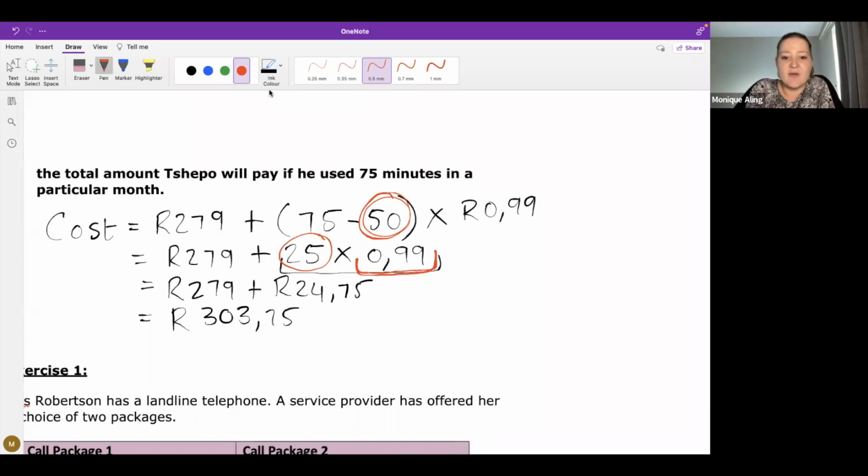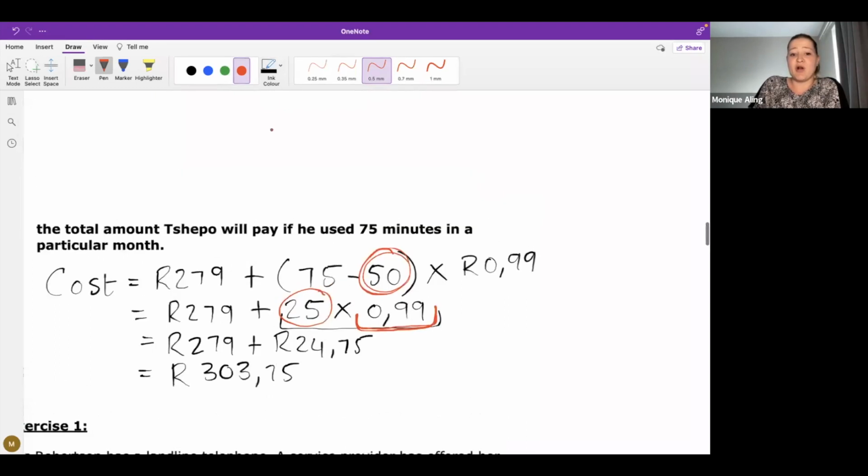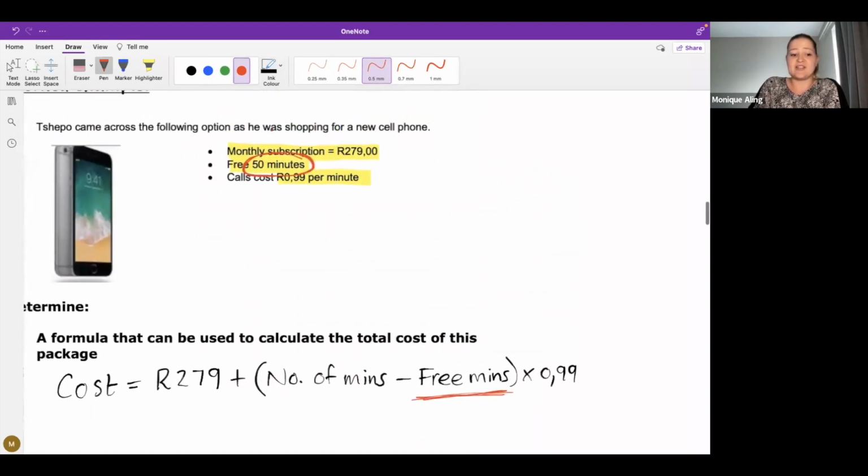Is the 0.99 part of the general formula and does it stay constant? Okay, so the 99 cents is part of the formula based on the scenario, based on the question. It's not always going to be times 99.